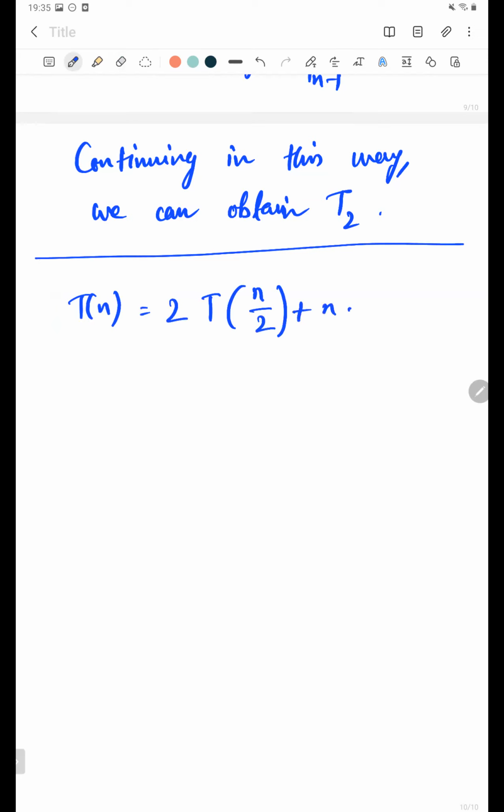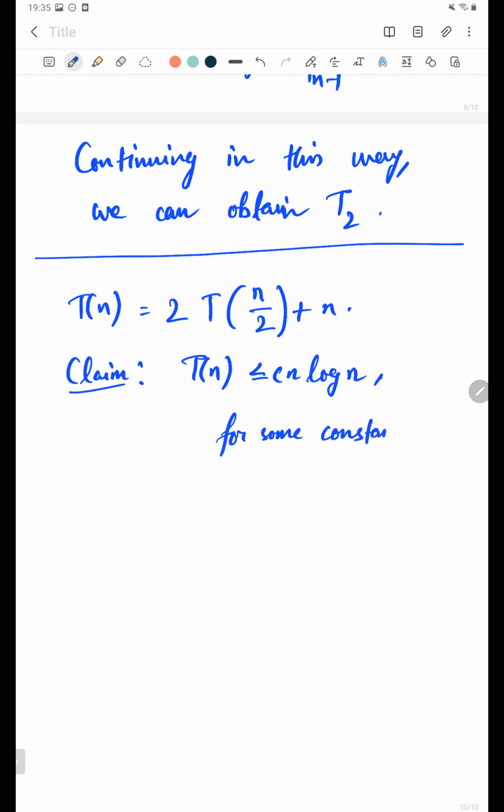Now let us claim that our Tn is less than or equal to Cn log n for some constant C greater than 0, and this C will be determined later.